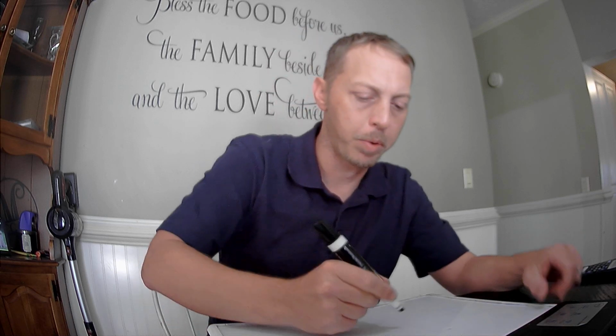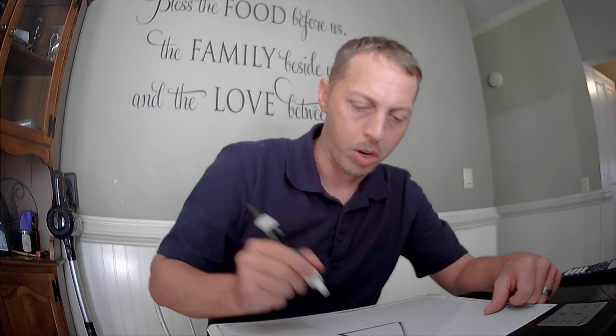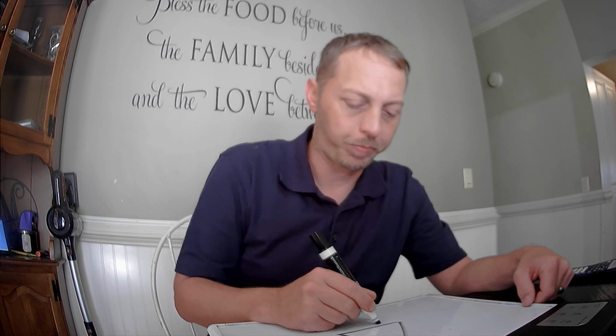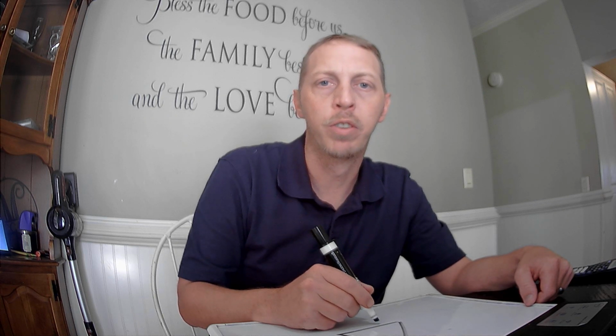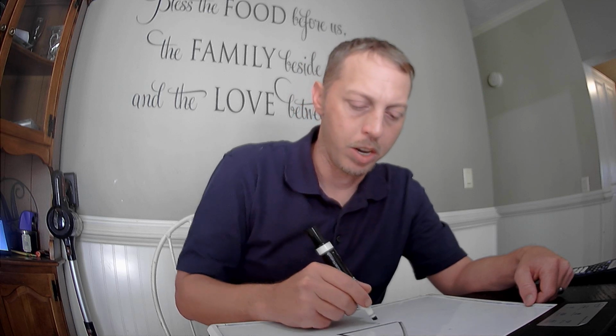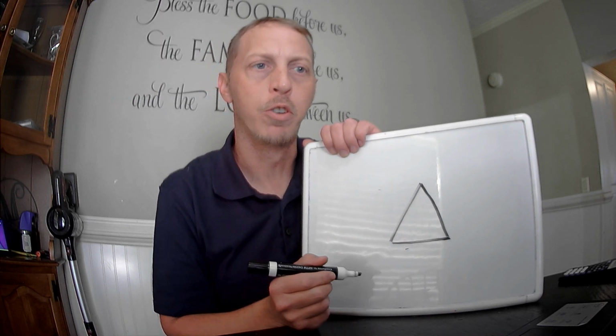Now I'm going to move on to triangles, because triangles have one extra step. The equation for triangles is 1/2 times base times height. Your base is the bottom of your shape, and your height is the tip of your triangle.